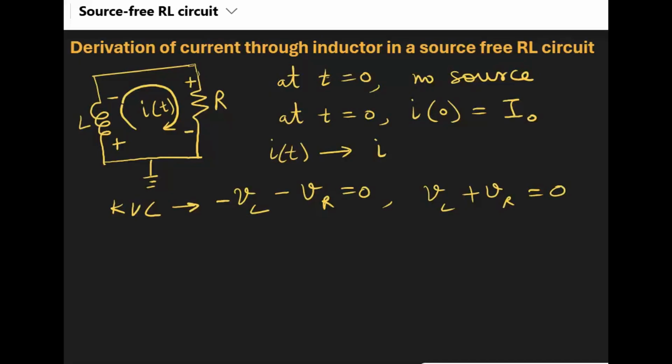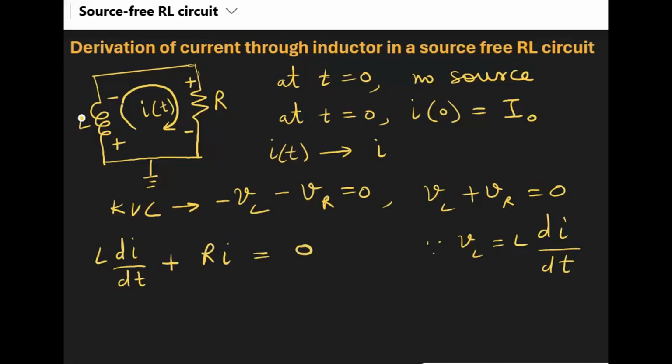Now, the voltage across the inductor VL is defined by L di by dt. We put this in the equation and get L di by dt plus the voltage across the resistor, which follows Ohm's law, R into I, equals 0.